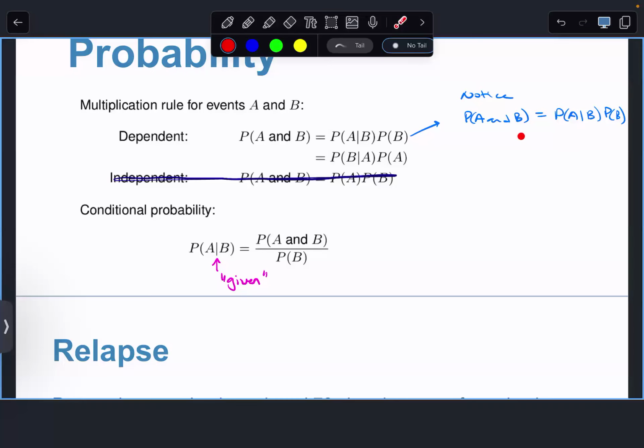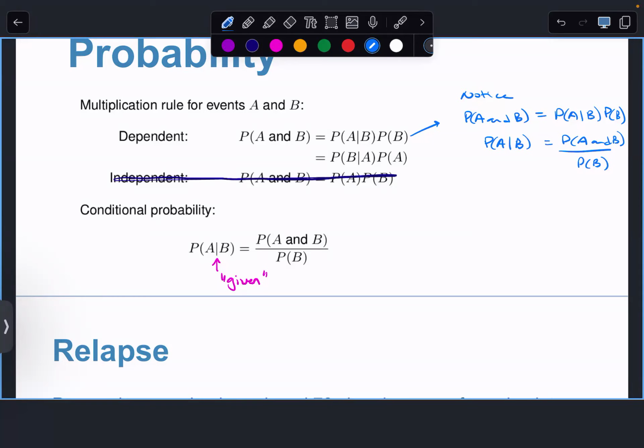That's allowed. So I'm left with the probability of A given B is the probability of A and B divided by the probability of B.